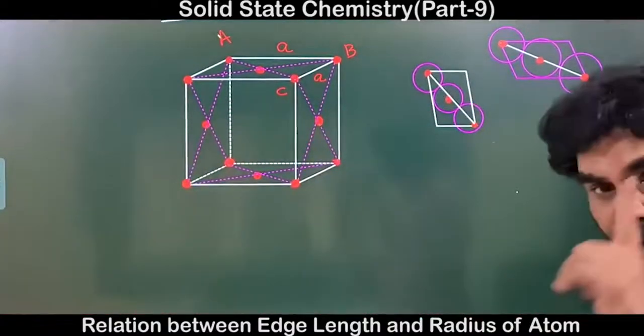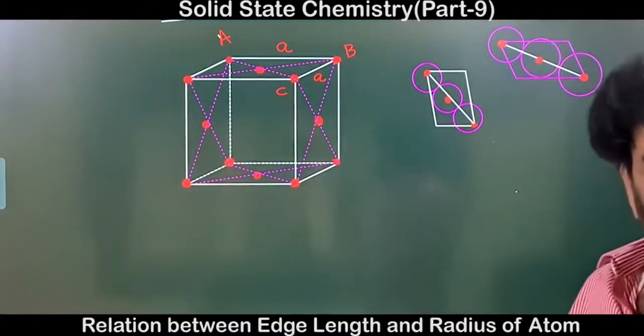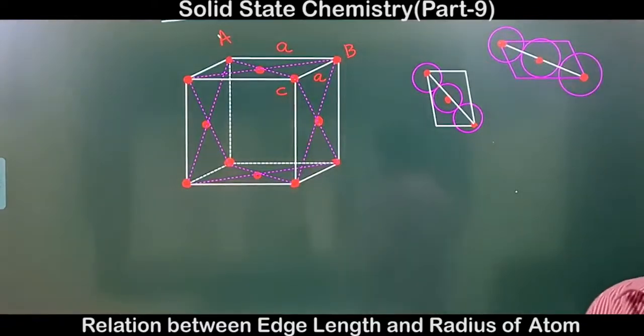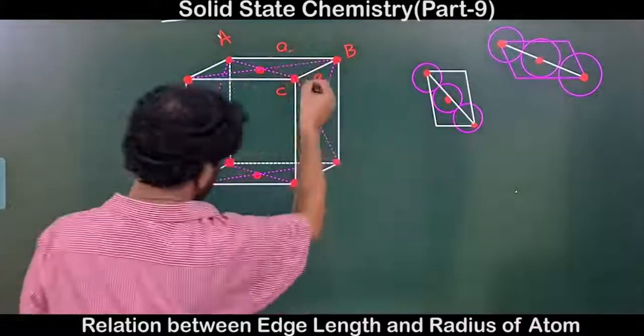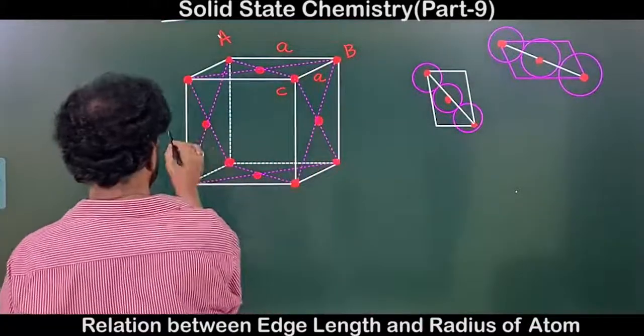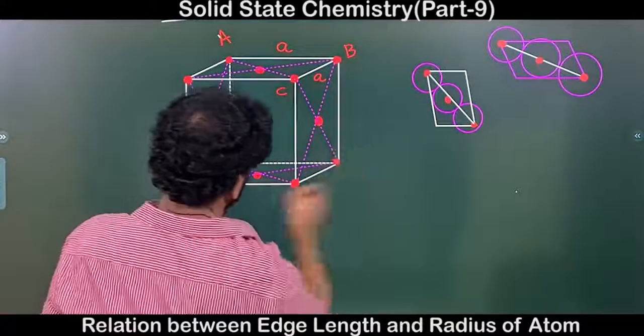When you say the cubic system, all edge lengths must be equal. This is A, this is A, this is A. All are equal.